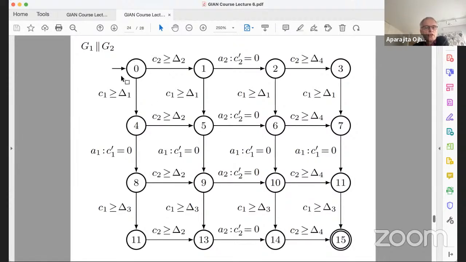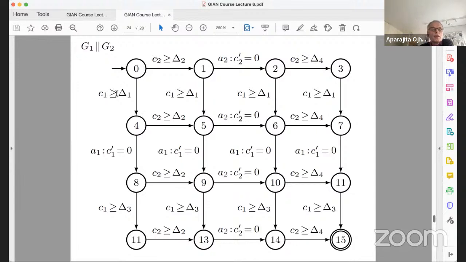Then the condition is that C1 must be greater than delta 1. And then you come to this state, location 4, and then it says that C2 must be greater than delta 2. But note that C1 and C2 are started with 0 value. So there is no initial reset. I assume that they are 0 when we start.